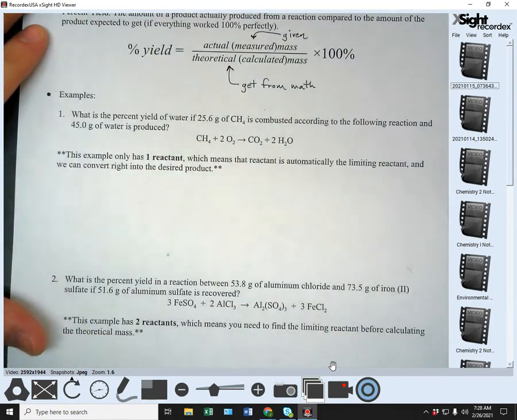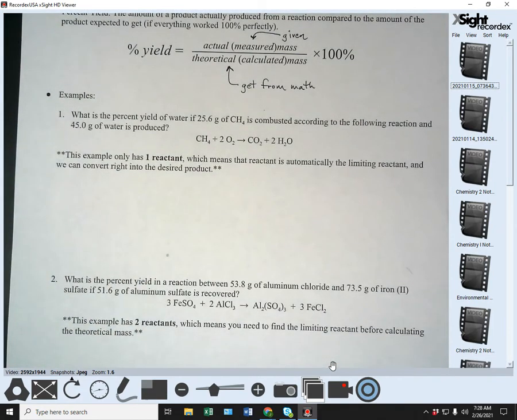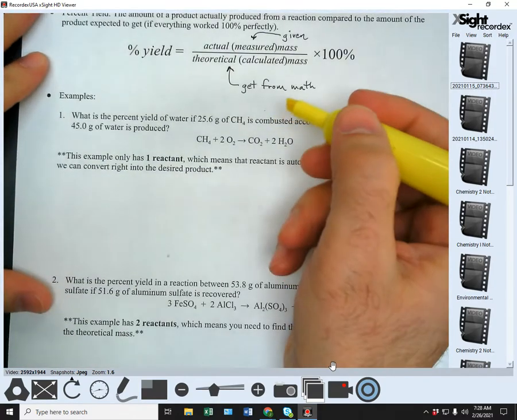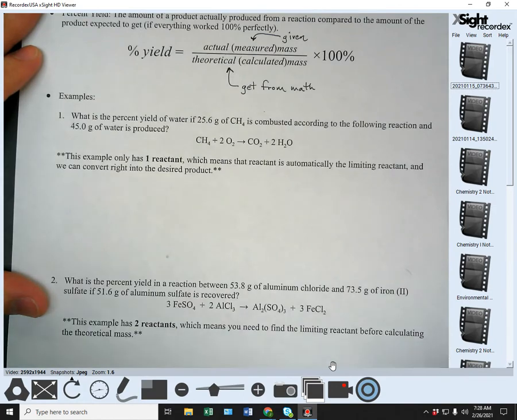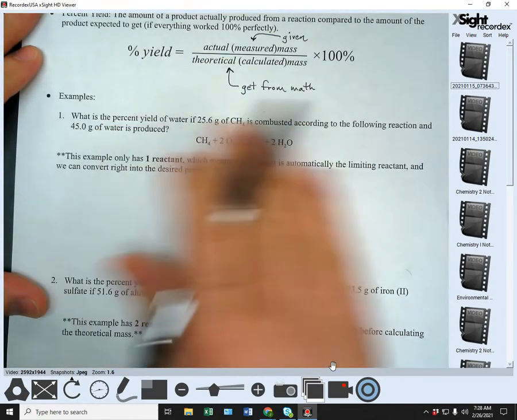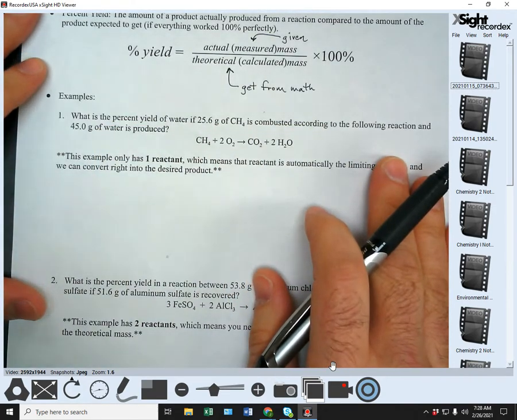Now, I'm going to highlight here. There are two things that we will typically be given in these types of problems.